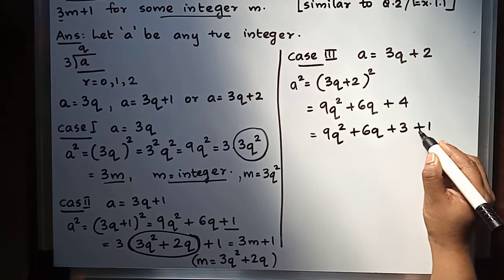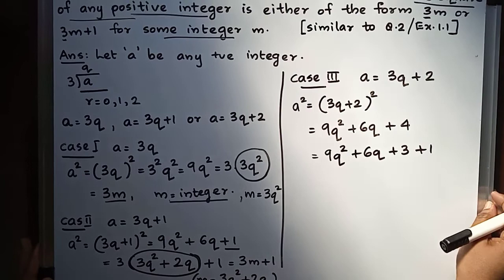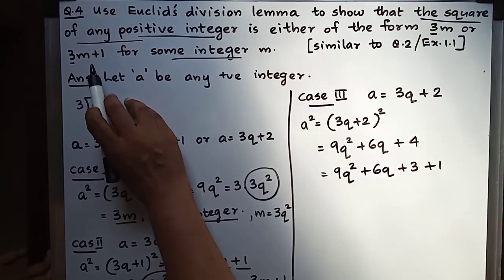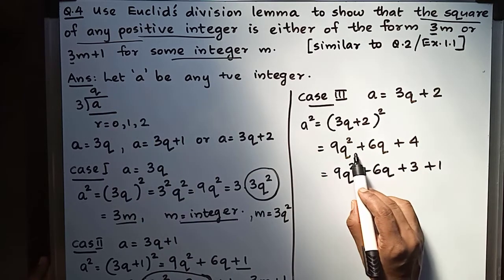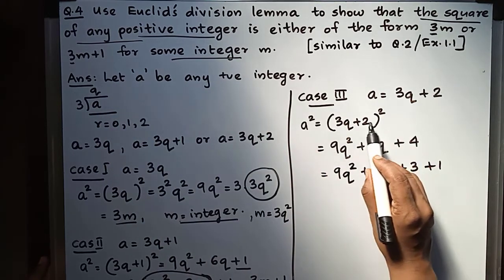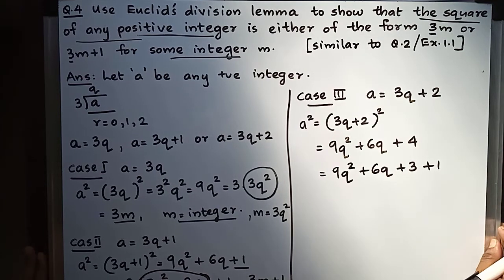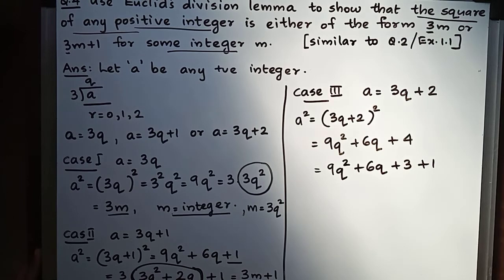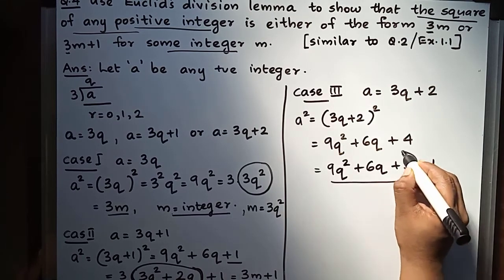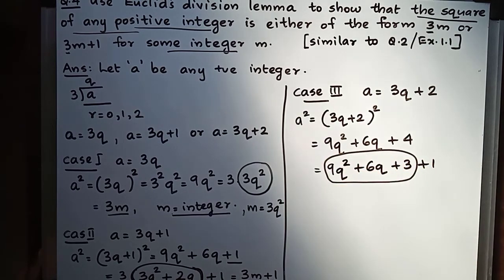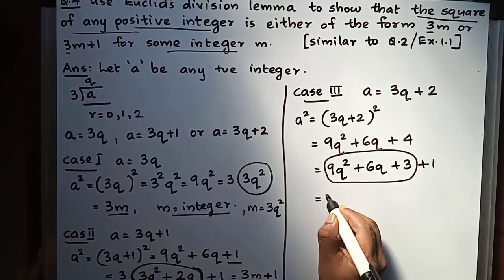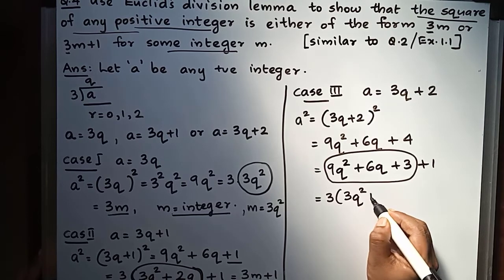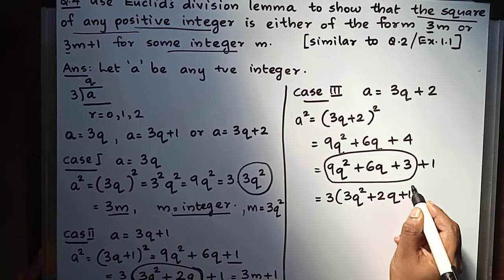Why split it like this? See, here in the question we have to prove it as 3m or 3m plus 1. Anyways, the whole thing cannot be represented as a multiple of 3. That is why I took plus 1 here. Okay, now from this part, what can we take commonly? Yes, we can take a 3 here. What is left here? 3q square, 2q plus 1.